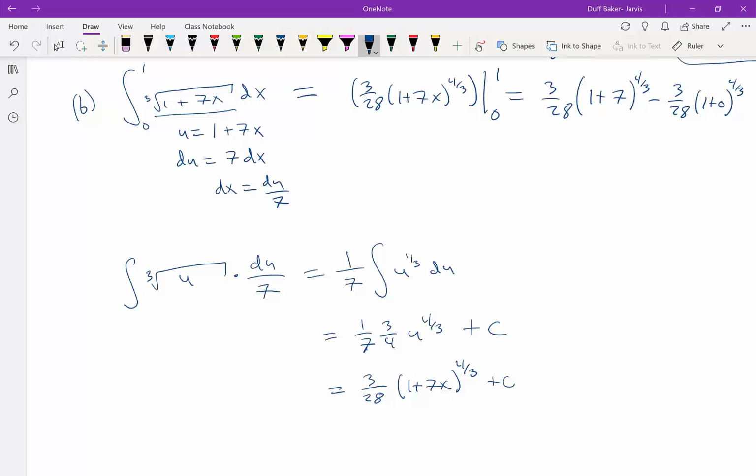So you get some number here. It's not a really pretty number. Well, actually, it isn't too bad, is it? The cube root of 8 is 2. 2 to the 4th is 16. So what do you get? You get 3 over something like that. Okay, so questions?